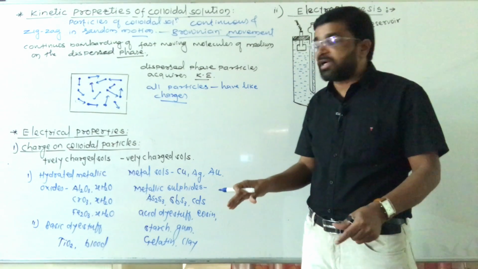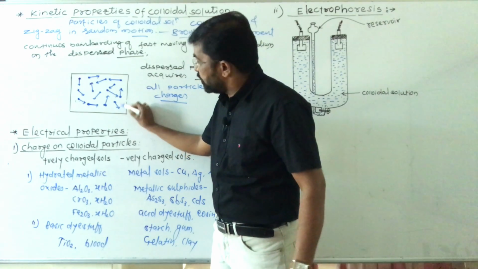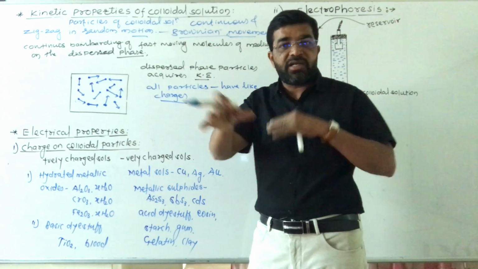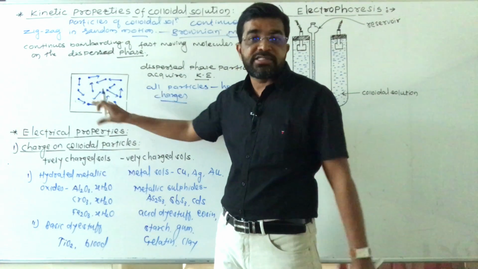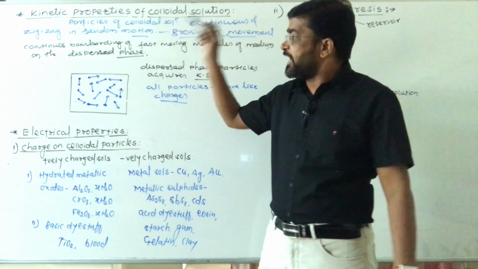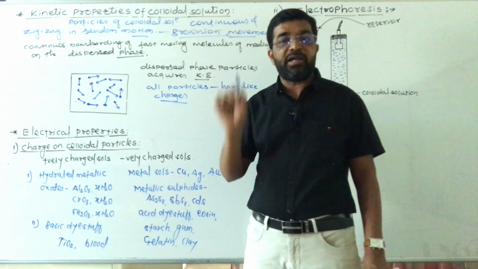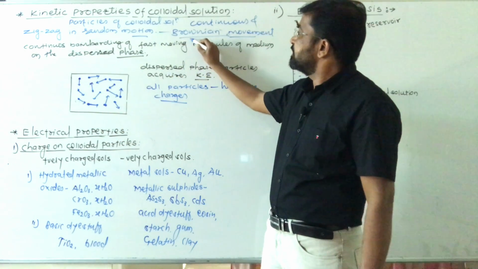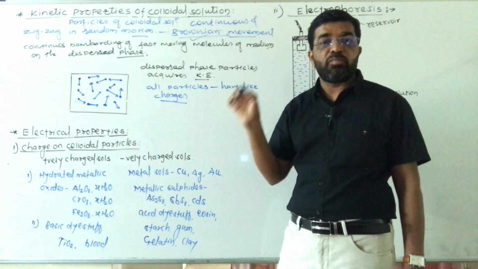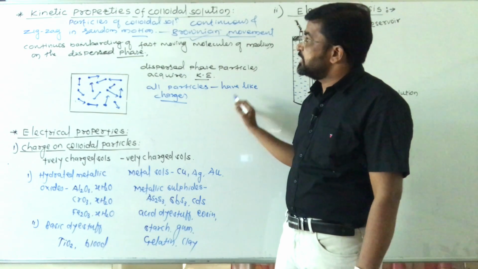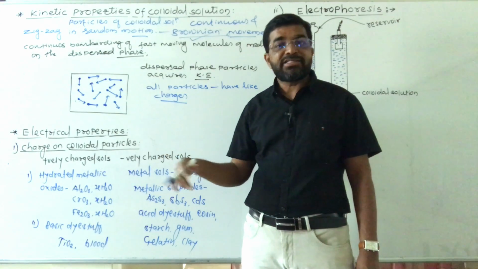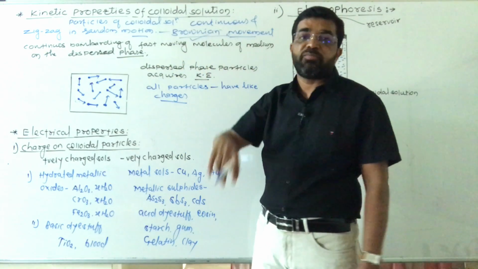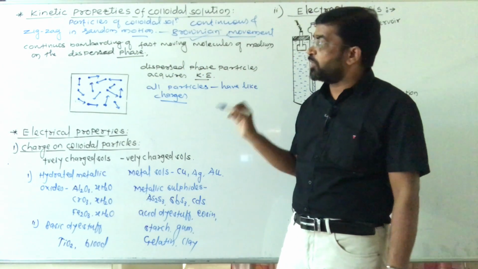So when one particle goes toward another particle, there will be repulsion between them, and they go away from each other, and therefore they are in continuous zigzag motion in random direction. That continuous zigzag motion of colloidal particles is called the Brownian movement. Due to this, kinetic energy is acquired by the colloidal particles, and they are in continuous motion. That is nothing but the kinetic property of the colloidal solution.